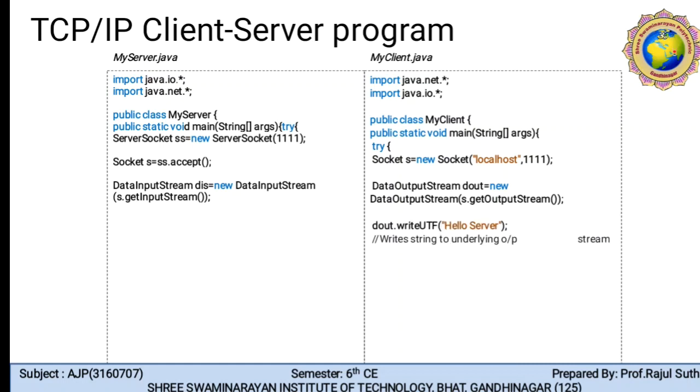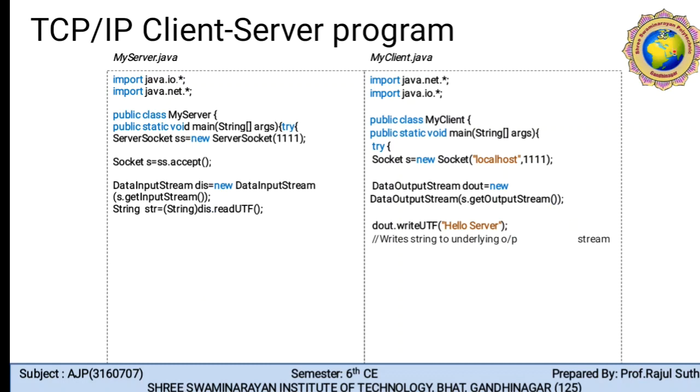Dout, on the client side we require dout.writeUTF("hello server"). This message is a request to the server side. So we are trying to request a connection with the server, and it writes the string to the underlying output stream.